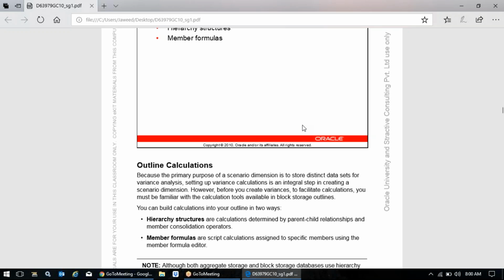budget equals actual into 3. Simple. So it calculates the actual into 3, stores it in budget. But here you'll have to use the cross dimension because it's between the years.